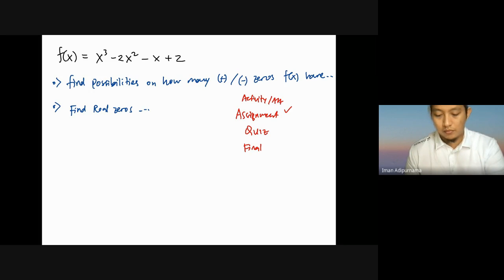The assignment is useful also for practicing for your exam, and for your calculus also. And for quiz, I plan maybe four or five. Final will be two times final.